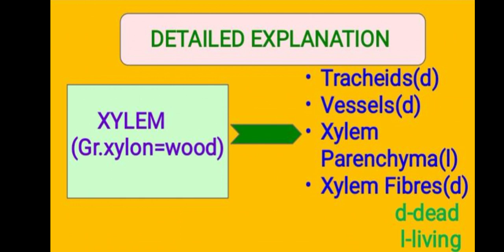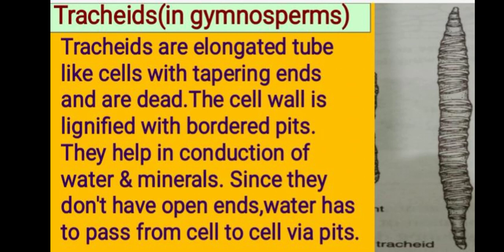Now out of these 4 elements, only xylem parenchyma is the living element of xylem. Tracheids and vessels are the conducting channels. Let's look at tracheids.